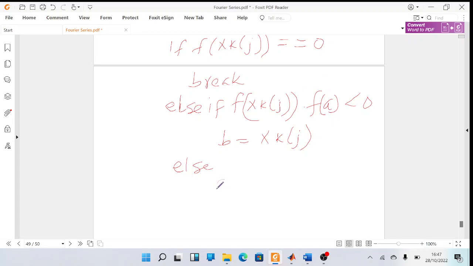So I'll say else, I need to set a to be xkj. And then I increase the counter. j is equal to j plus 1.